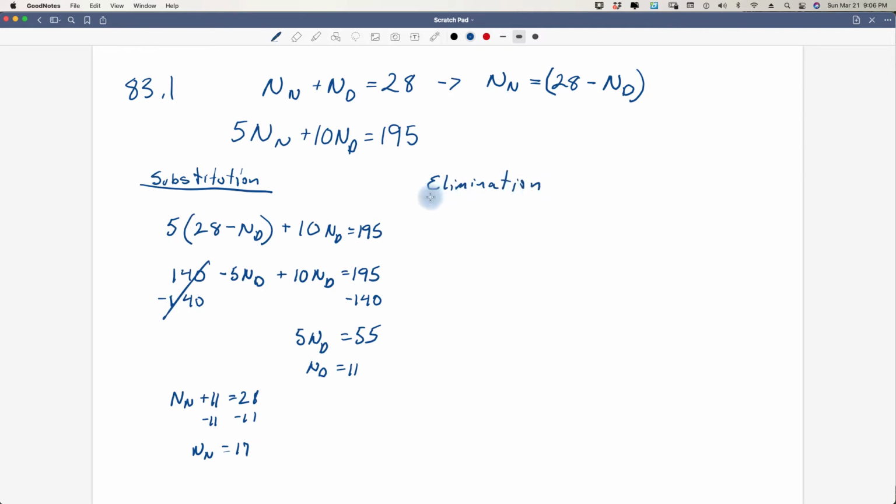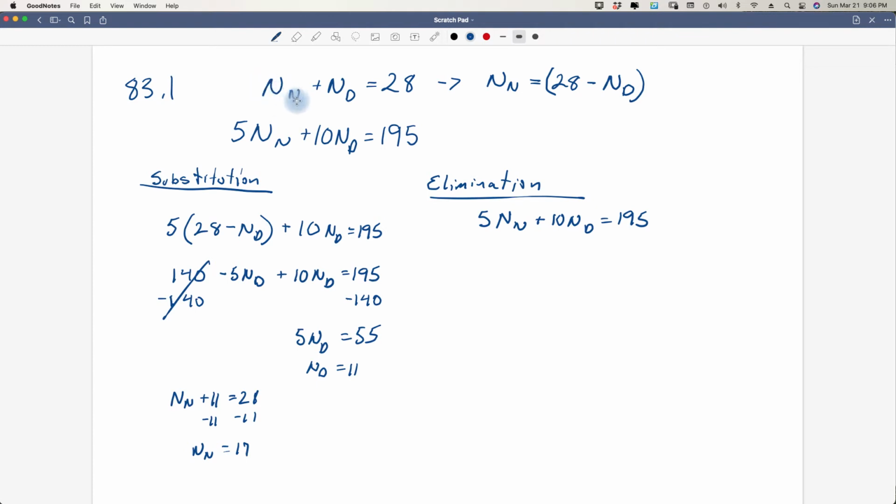In order to do the elimination, we need to bring one of these variables up to match the other. The smallest one is 5, and I always like to do the smallest one. Let's write our original statement: 5 times the number of nickels plus 10 times the number of dimes equals 195. Now we're going to multiply by negative 5 so that we have an opposite to eliminate.